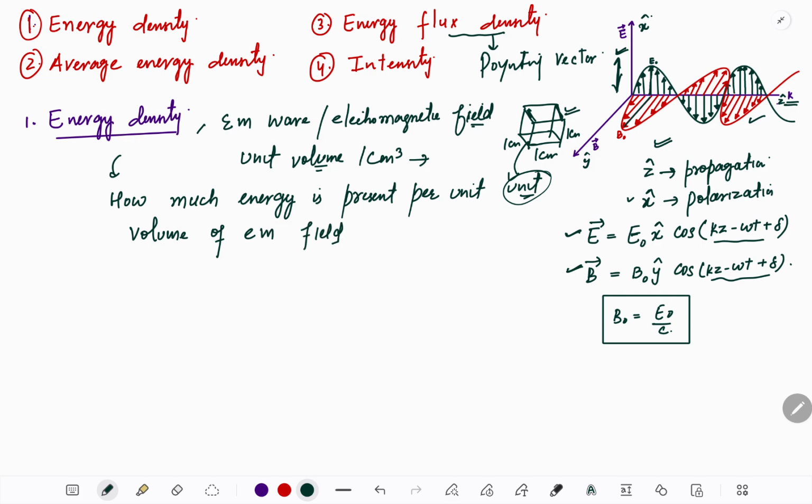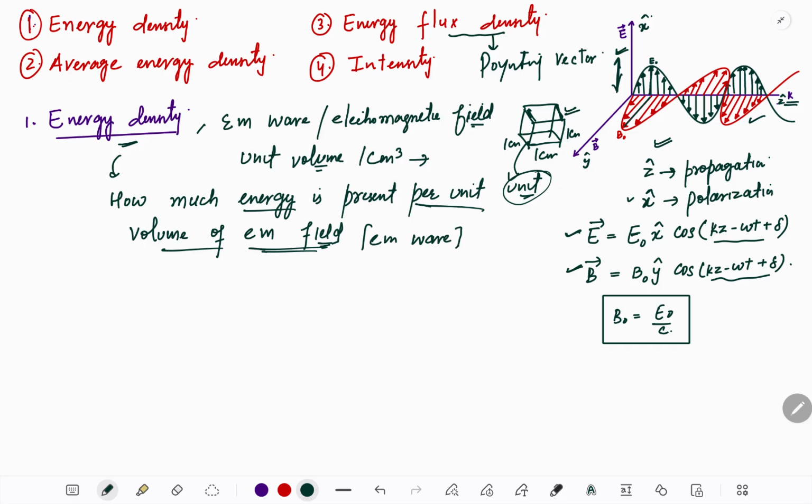Simply, if I take some unit volume of the electromagnetic wave, how much energy is present in that volume, that is called the energy density. Simply, energy density is energy per unit volume of the EM field.